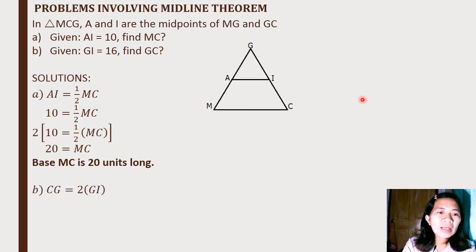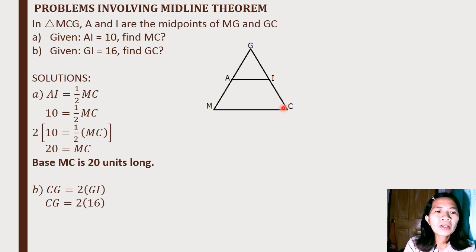Next, we have to find segment GC. Here, GC or CG is twice segment GI, because this is divided into two equal measures.